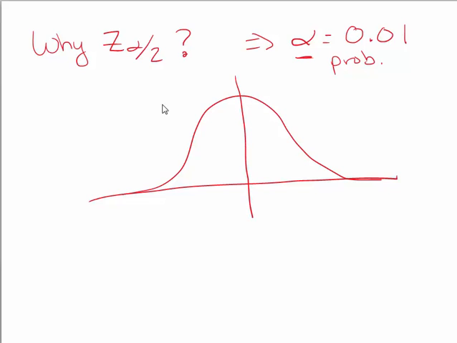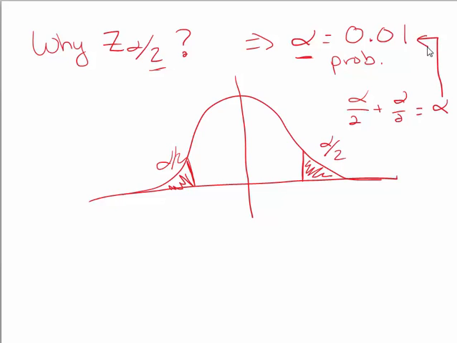So in order to do that, we have to divide it by 2 because our probability is represented on both sides. So this area here is alpha over 2, alpha over 2. So essentially alpha over 2 plus alpha over 2 is equal to alpha.